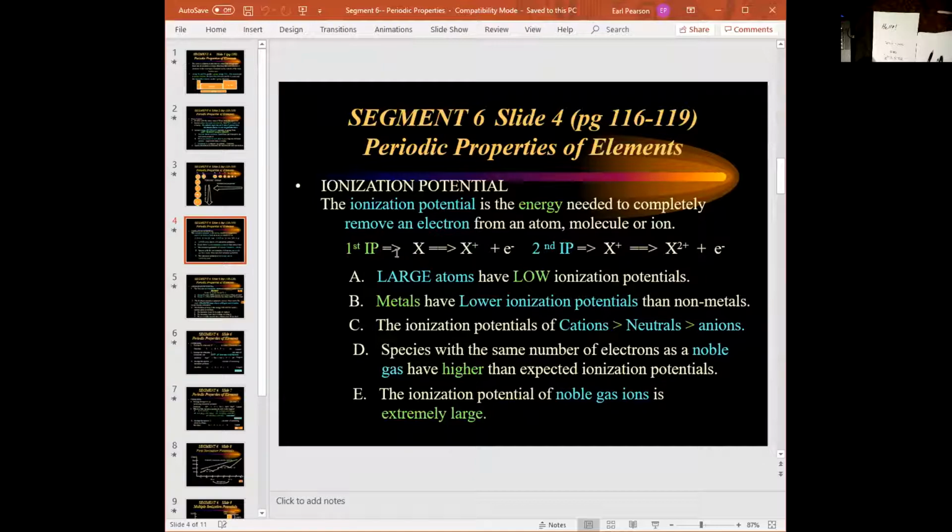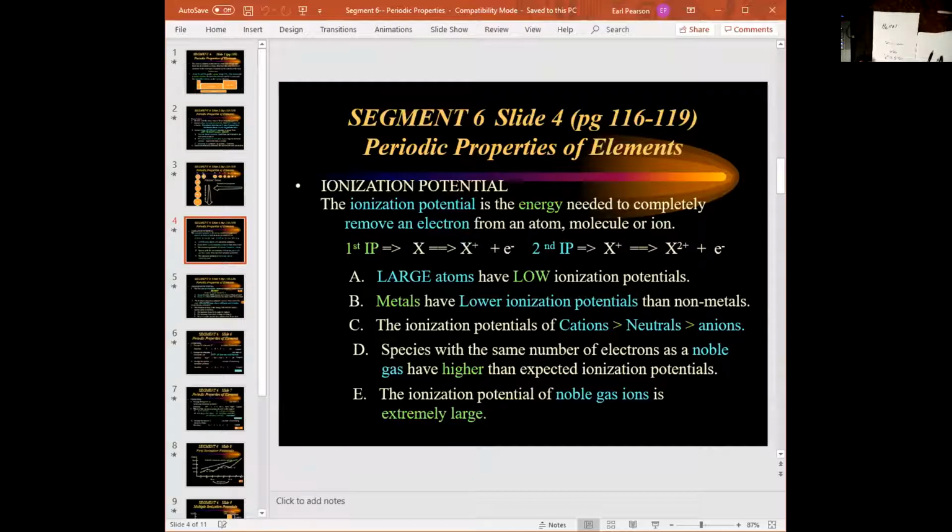The first ionization potential takes the neutral atom to the +1, and that electron is released to something else. That's the ionization potential, the energy it takes to remove that electron. Then that same atom, if it has a second electron, the +1 ion that's formed can also lose another electron and make a +2.